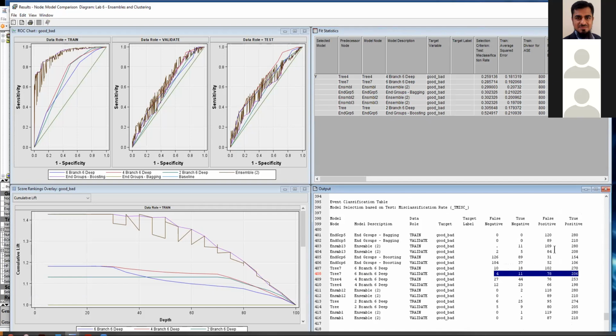So should we say that the 6-branch 6 deep is good for ensemble only? Maybe as an ensemble, adding those extra branches does improve the overall averaging, even if the individual averages are subpar.